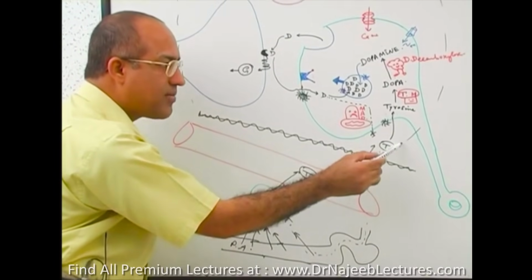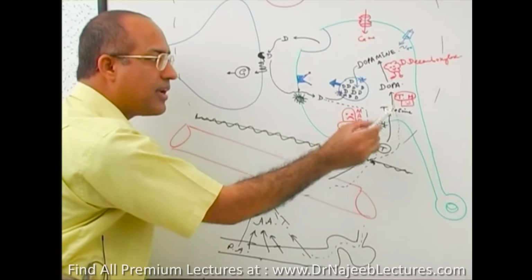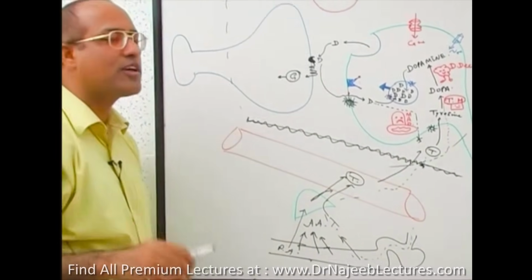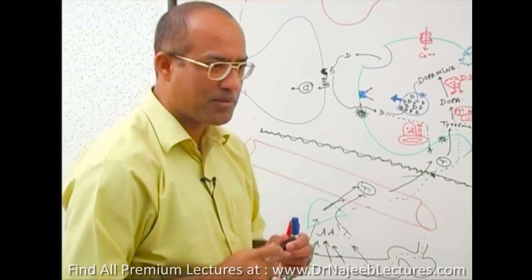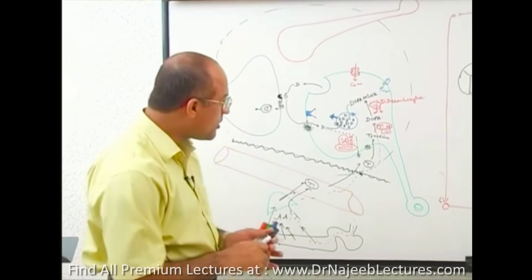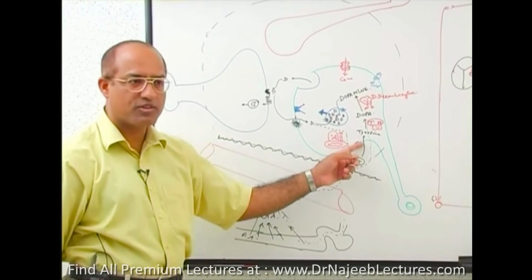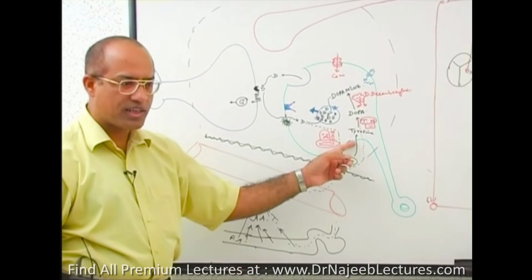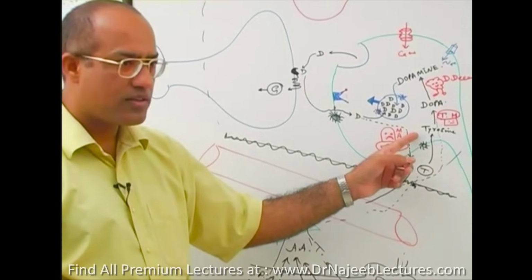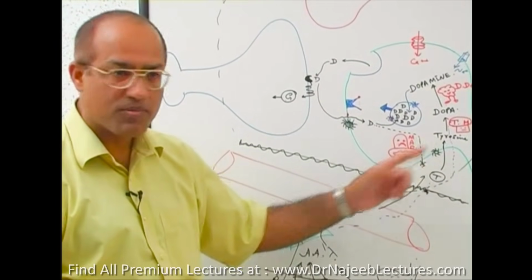Levodopa will appear here. Then it will be taken up by the dopaminergic nerve terminals of the remaining neurons. Remember, many neurons have already degenerated. So some of the levodopa going to the central nervous system will be captured by the nerve terminals of the remaining dopaminergic neurons in the striatum.